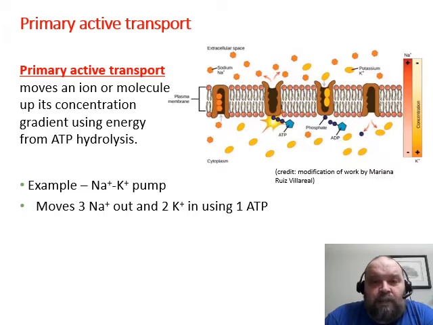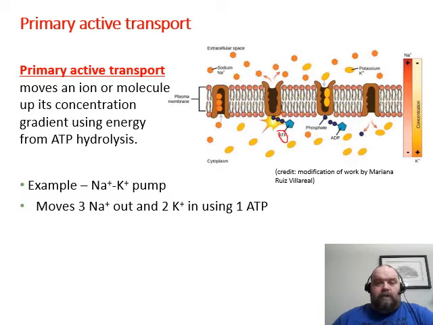It's an active transporter. How do I know? Because right here is ATP. Anytime you look at a figure and you're not sure if there's an active transporter or not, and it says ATP anywhere there, well, there you go.